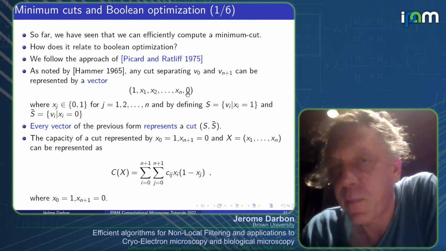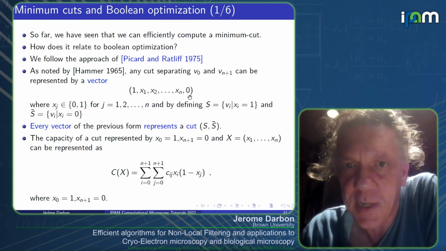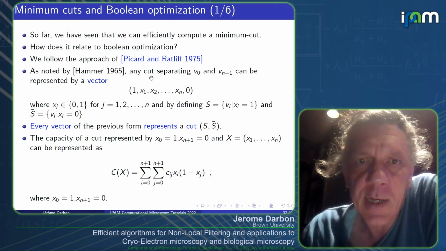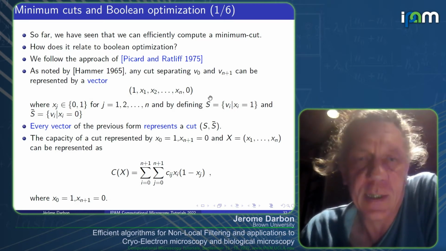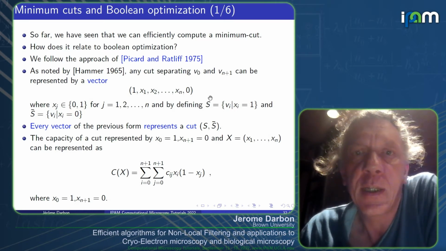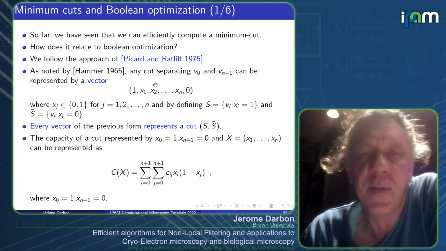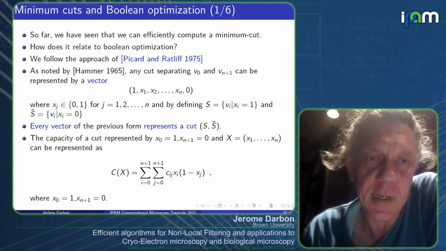If I am the sink or connected to the sink, I'm going to assign the value 0. So every time you have a binary vector, meaning each entry is binary, 0 or 1, you are making an assignment for each node of whether they are connected to the source or to the sink.